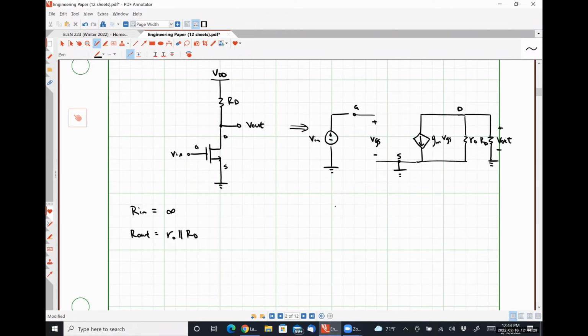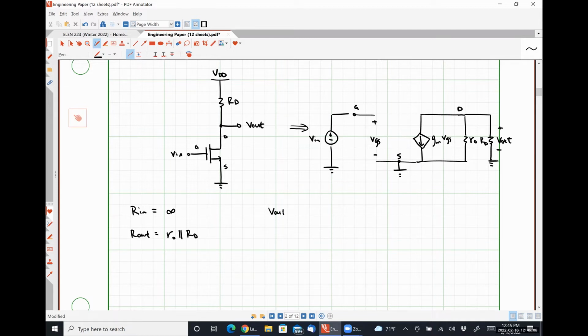And our voltage gain. Okay. So let's see. Our output voltage is the voltage drop over RD in parallel with R0. The current flowing through that parallel resistance is gm times VGS, where VGS is exactly equal to Vin. So let's write this down real quick.